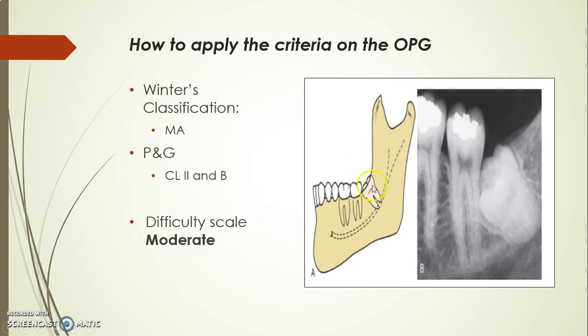And which position? We see the occlusal plane of the third molar is somewhere between the occlusal plane of the 7 and the cervical line, so it's going to be B. So for the difficulty, we are still in the first column and row, so it's going to be moderate difficulty.